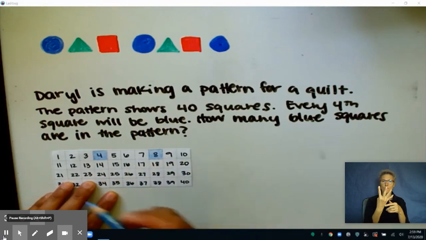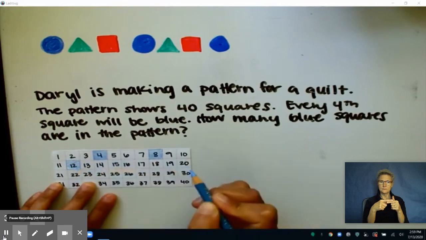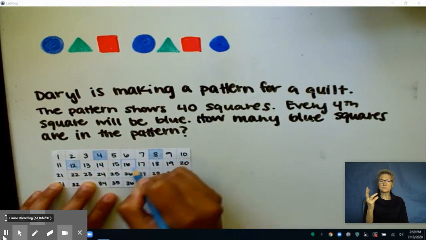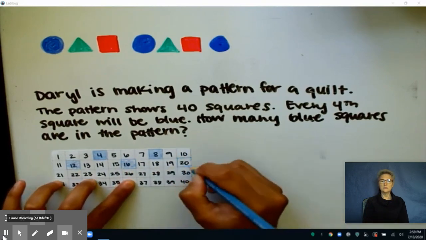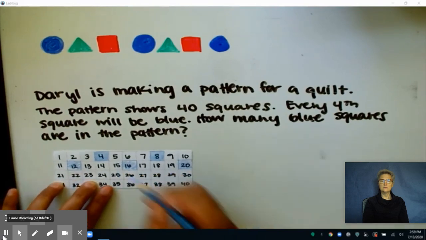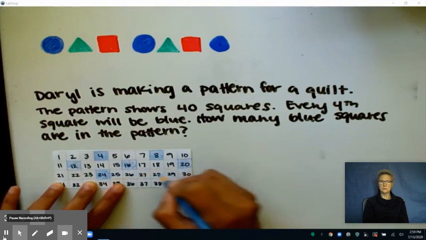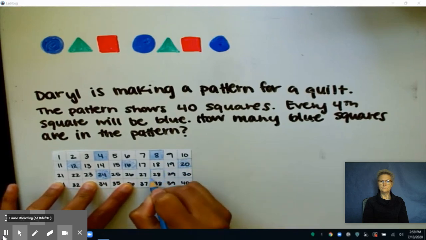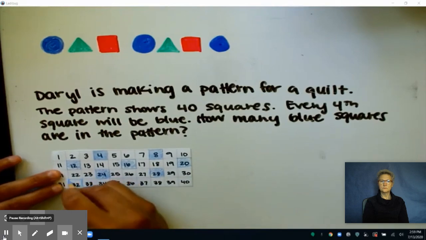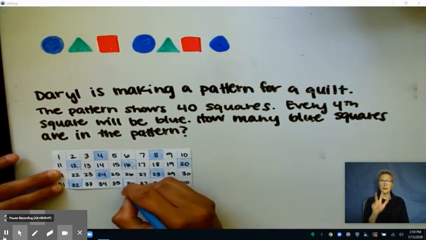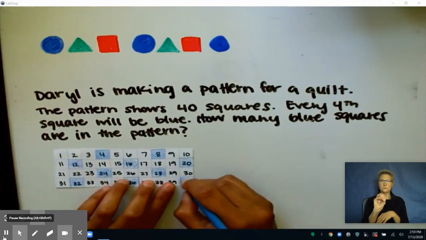So we have 4, 8, then would come 12, then 16, then 20, then 24, 28, 32, 36, and lastly 40.